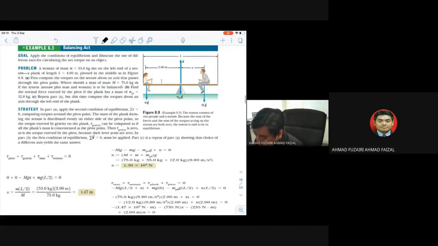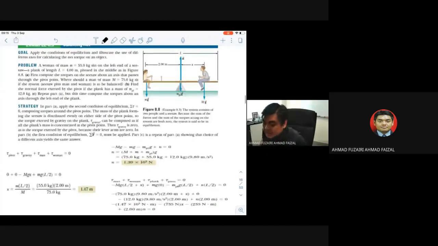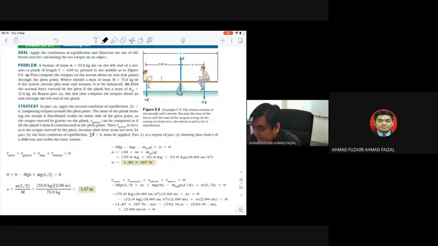A woman of mass M, equivalent to 55 kilograms, sits on the left end, as in the figure, of a seesaw, a plank of length L equals 4 meters, pivoted in the middle, as in figure 8.8.